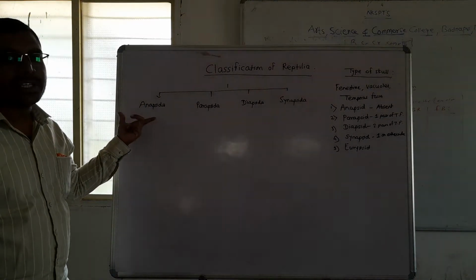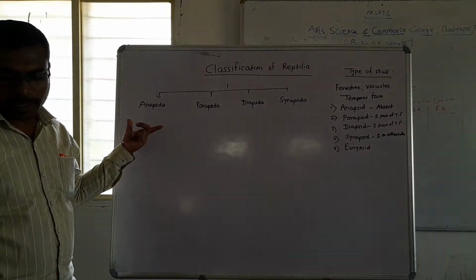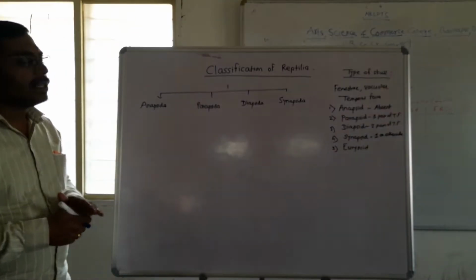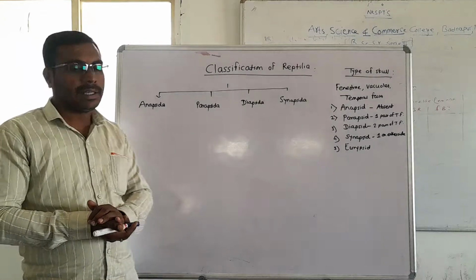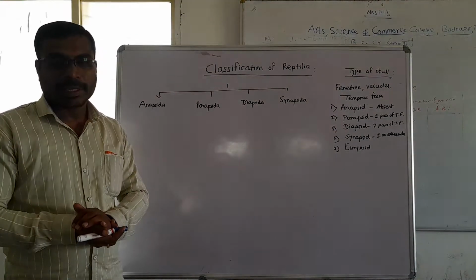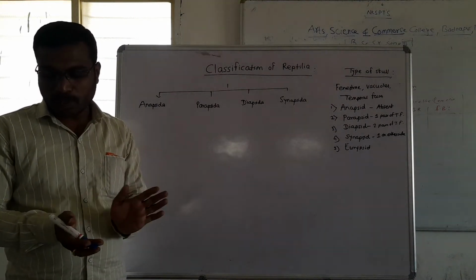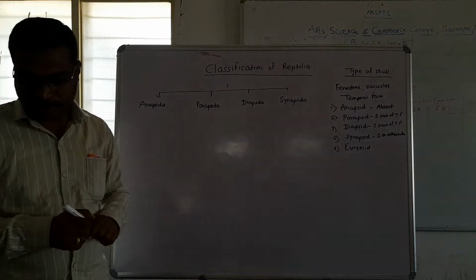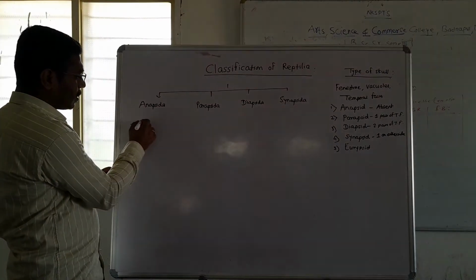Now, as we have studied the general characters of Anapsida, here the roof of skull is solid. Here no temporal vacuity or fossa in the skull.